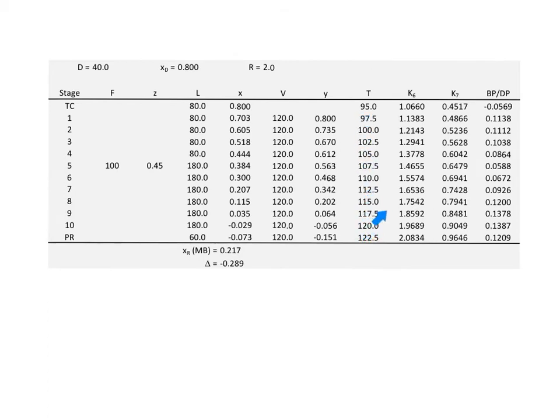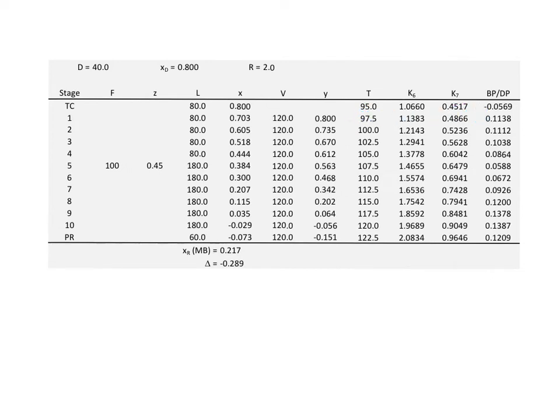These are just numbers. And these are the K values based on this temperature and the pressure, which was 2 atmospheres or 1520 millimeters of mercury. And so we have K for hexane and K for heptane at these temperatures. Since the liquid composition at the condenser is known, or guessed anyway, we've used the bubble point equation to check to see if this temperature is a correct guess.